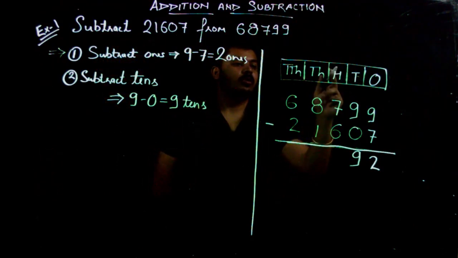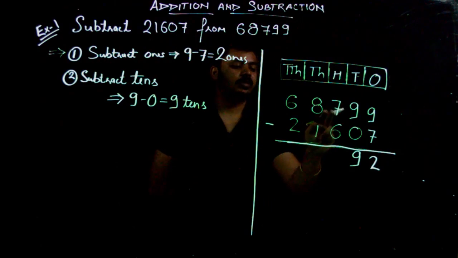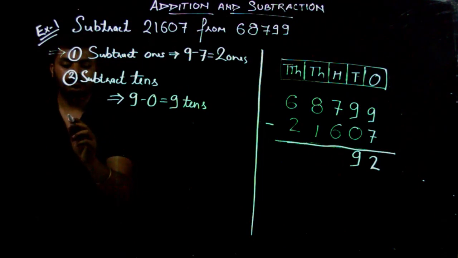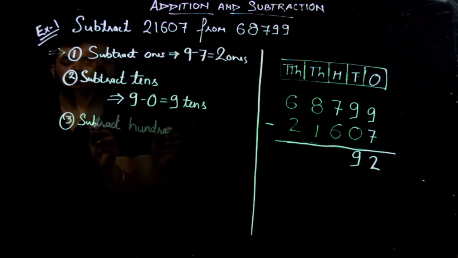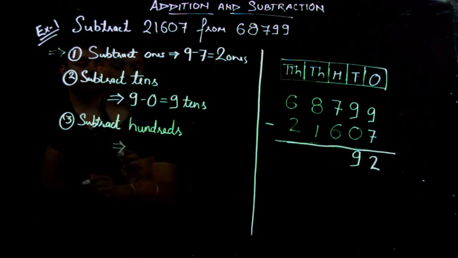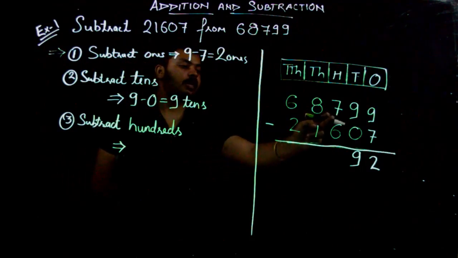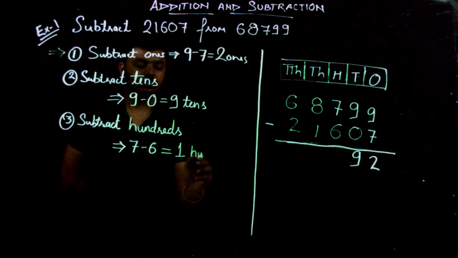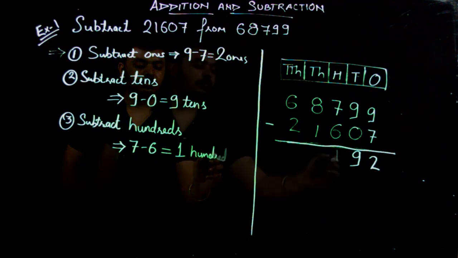Similarly, now we move on to our hundreds column, 7 minus 6. Subtracting hundreds, step 3: in hundreds, we have to subtract 7 minus 6 equals 1 hundred.